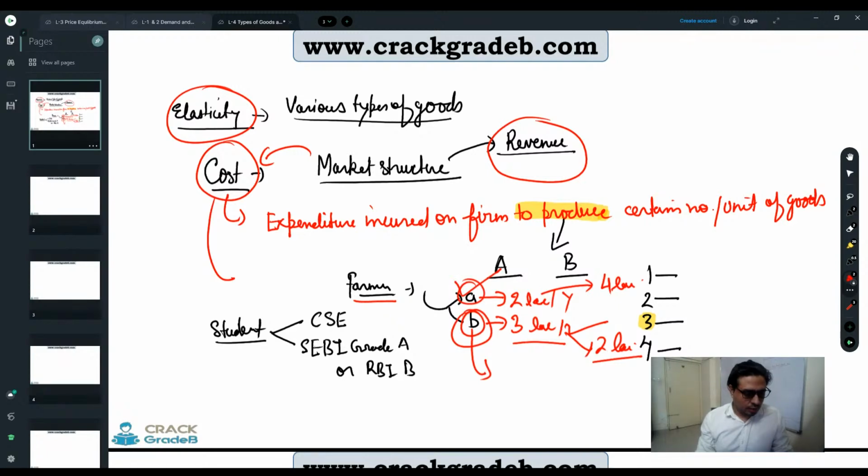When he took this decision to go for B, he is feeling that if I go for B, I am able to generate an extra 1 lakh profit in comparison to product A.